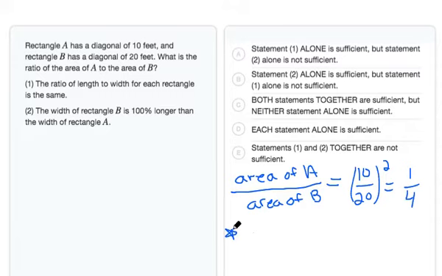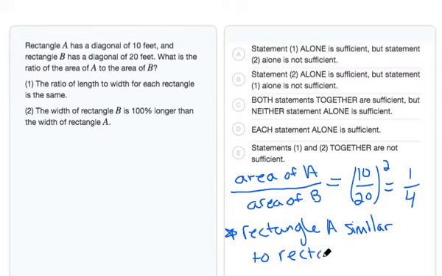So we're interested in finding whether rectangle A is similar to rectangle B. If rectangle A is similar to rectangle B, we would have this relationship.